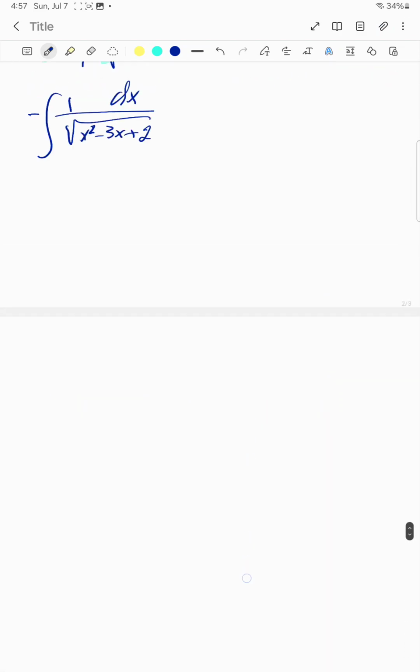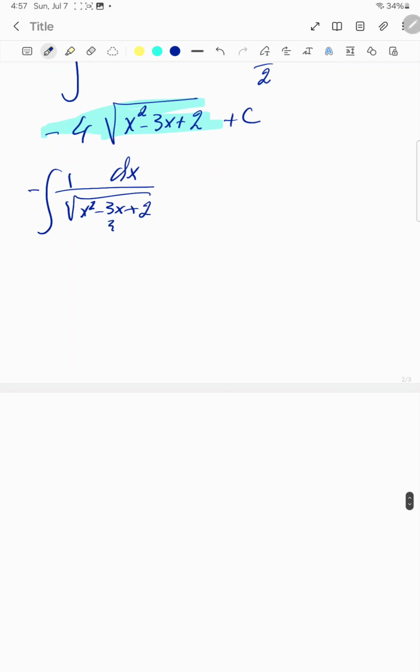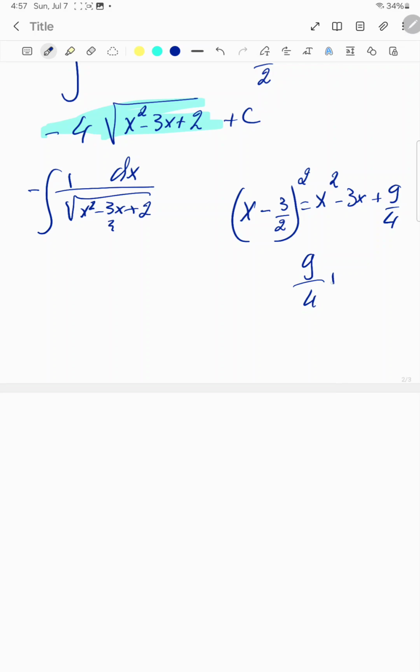Because I have 3 here, I know that x minus 3 over 2, squared, is equal to x squared minus 3x plus 9 over 4. But I have x squared minus 3x plus 2. So I want 9 over 4 plus something, let's call it w, to be equal to 2.